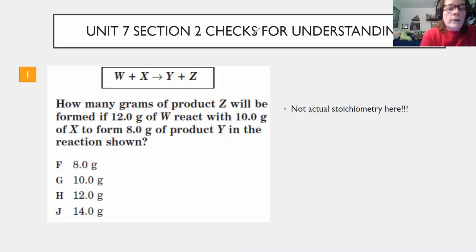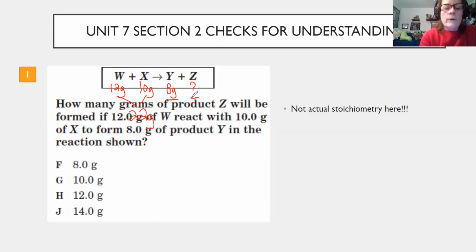So this asks how many grams of product Z will be formed if you had 12 grams of W with 10 grams of X. And they tell you also have 8 grams of Y. Well, what do these things add up to? They add up to 22 grams. And you have 8 grams here.